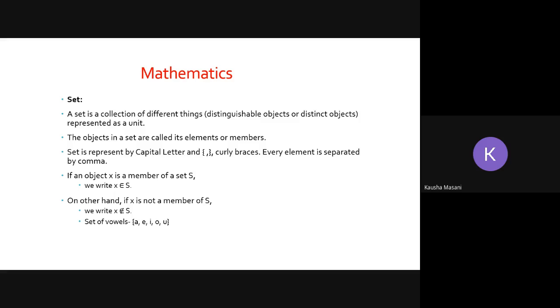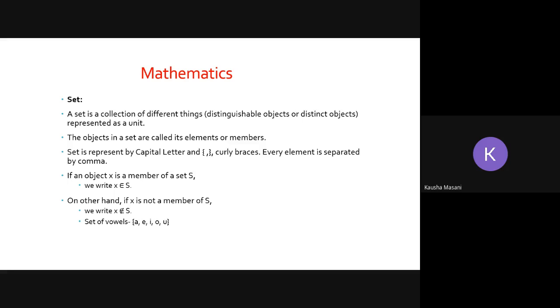So that's why I'm not going to ask you, I am directly showing you what a set is. The set is a collection of different things. Okay, yeah, correct, Jai. A collection of various objects you can say, or various things, and those are your distinct objects, represented as one unit. And these objects in the set are called elements or members. A set is represented by a capital letter.